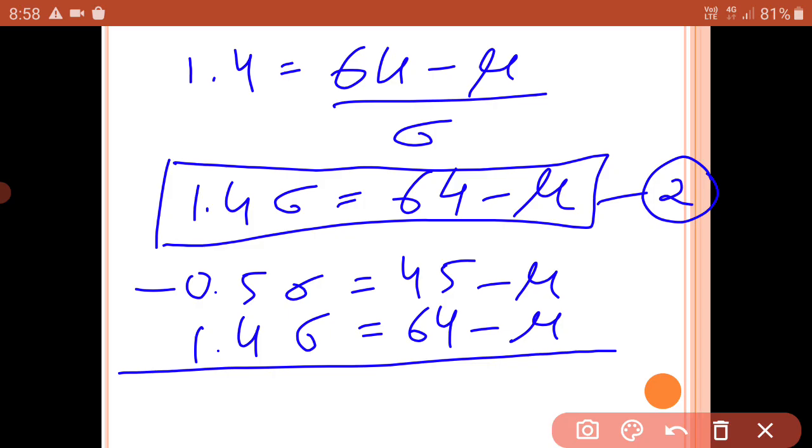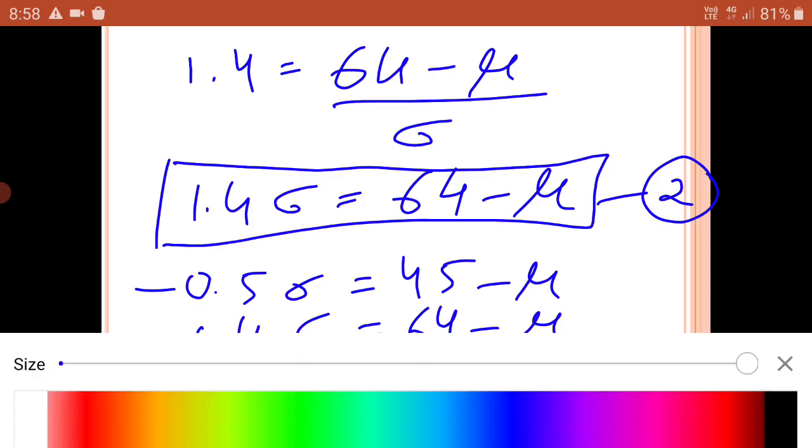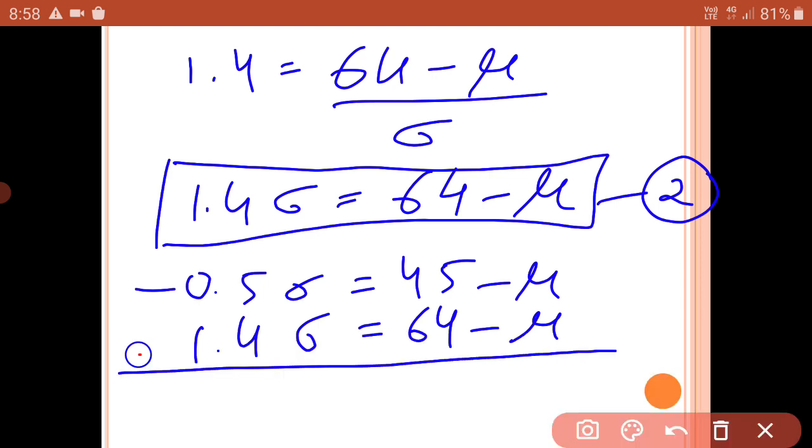Like that we change here the opposite sign, minus and plus. Then after mu is cancelled, minus 0.5 and minus 1.4, so minus 1.9 sigma. 45 plus and minus 64, so the answer is minus 19.